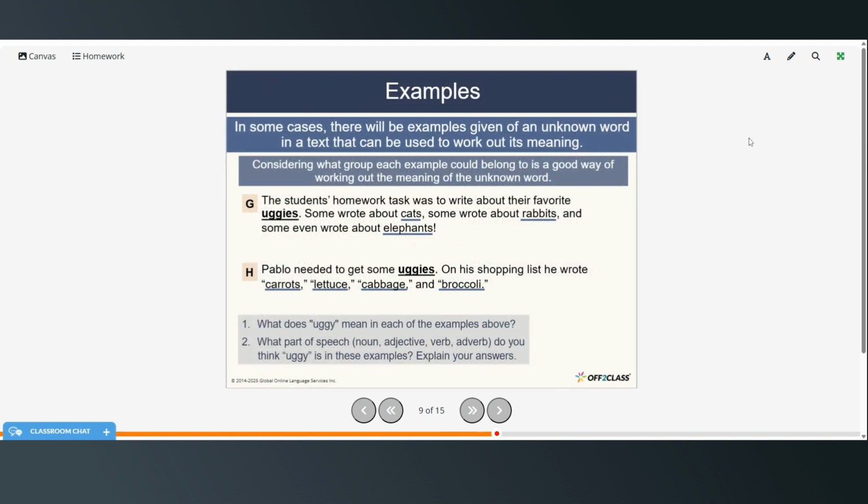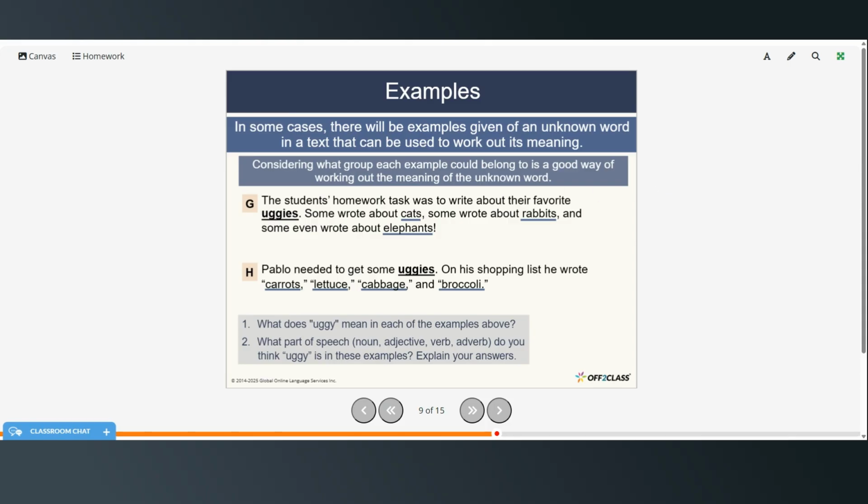So in some cases, there will be examples given of an unknown word in a text that can be used to work out its meaning. Considering what group each example could belong to is a good way of working out the meaning of the unknown word. So the students' homework task was to write about their favorite Uggies. Some wrote about cats, some wrote about rabbits, and some even wrote about elephants.